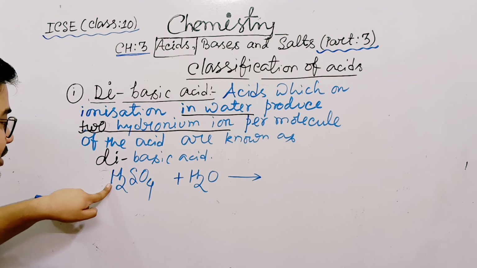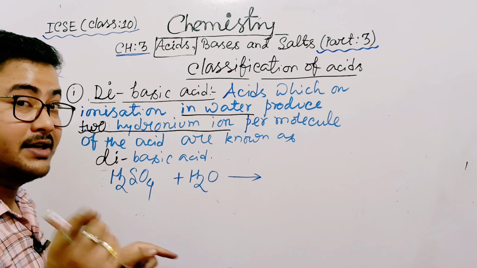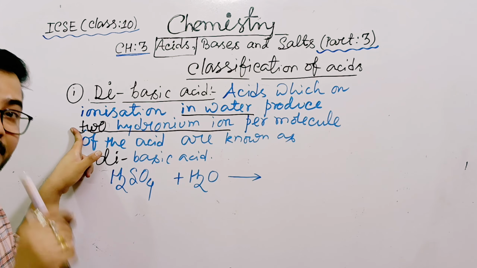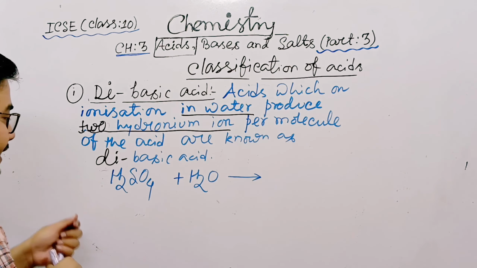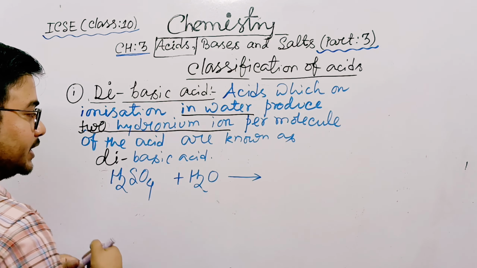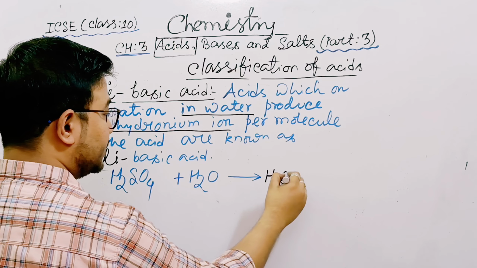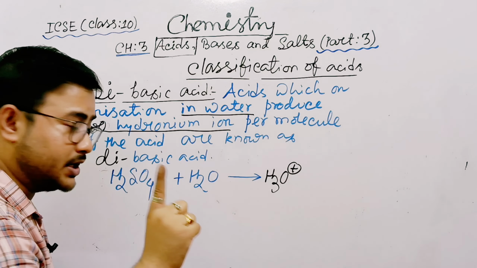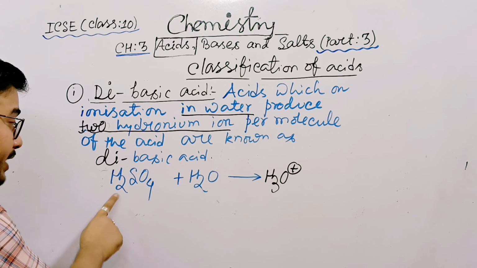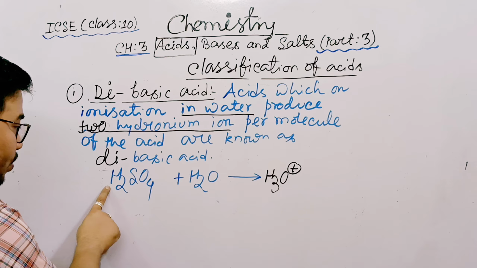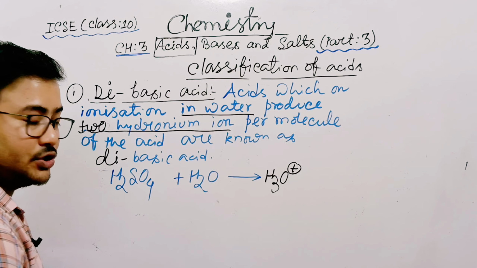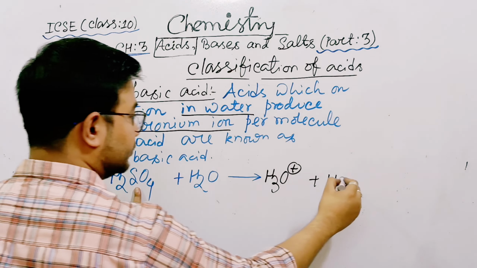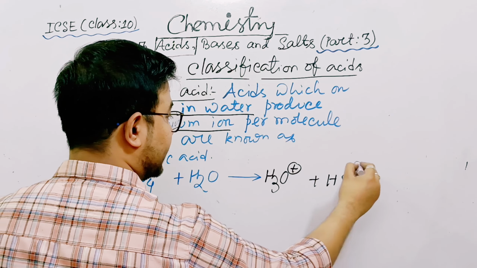First you tell me how many hydronium ions will form? 2, no? But first take 1. 1 H plus combines with 1 water and forms H3O plus. Give focus. We have 2 hydrogens, but take only 1. Now here 1 H is left, along with SO4. So since the other is plus, this is minus.